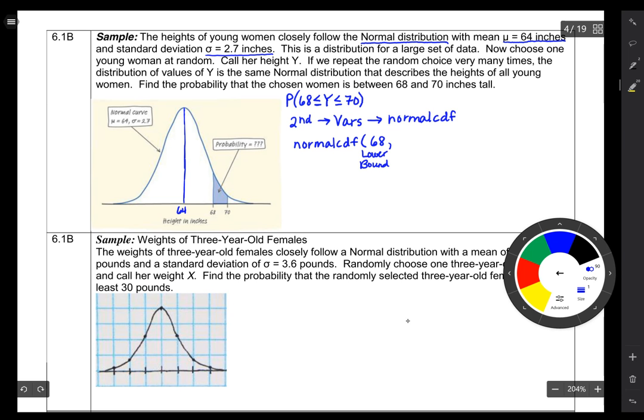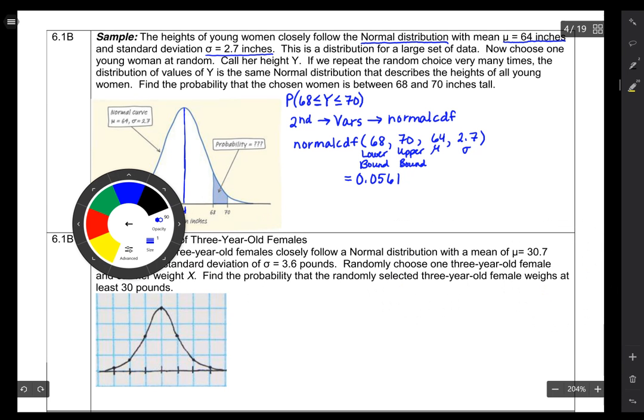Your upper bound is 70. Your mean is 64 inches, and your standard deviation is 2.7. You must label this for full credit. And that'll give you a probability of 0.0561.